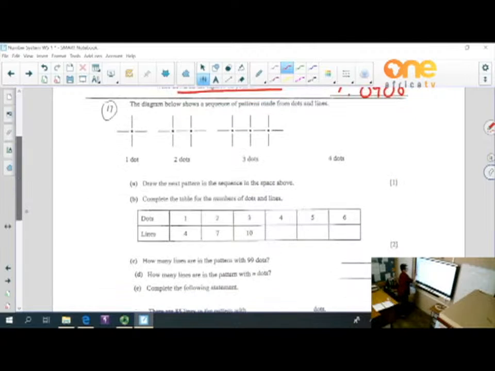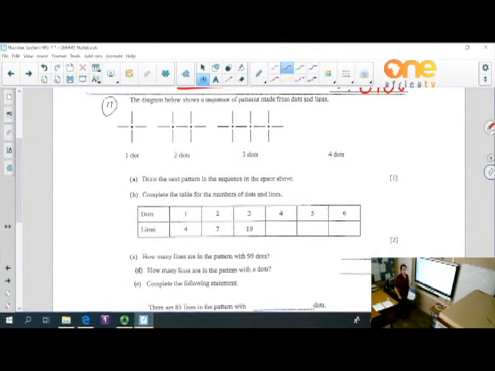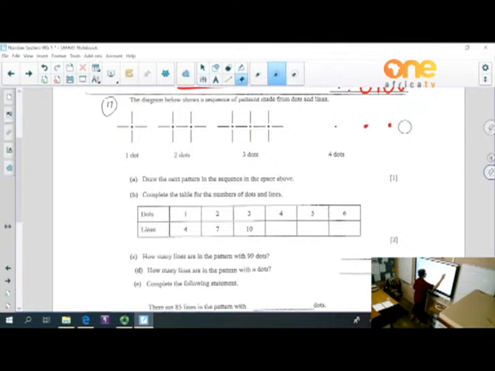Right, question 17. Sequences, geometric sequences, because we draw patterns. The diagram shows the sequence of dots and lines, and we have to draw the next one now. So you'll have to draw it very nicely, not just a rough one. It must be very similar.